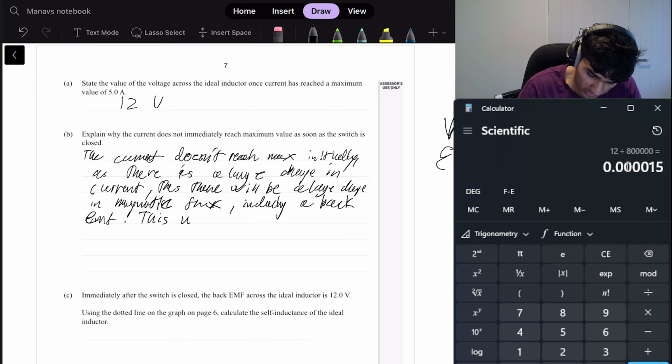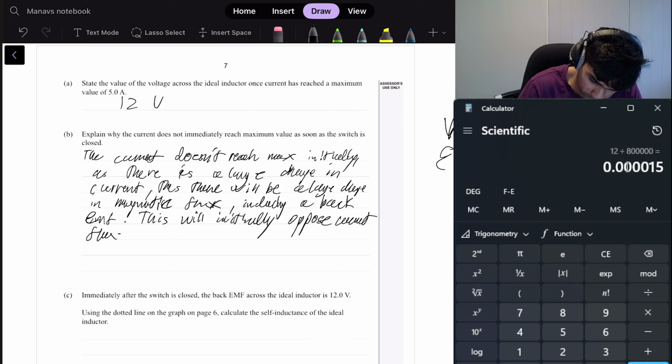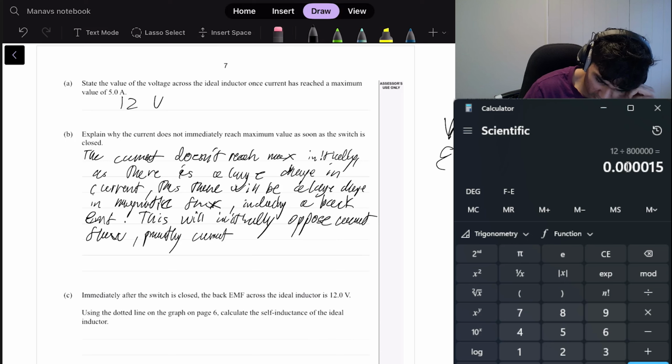This will initially oppose current flow. Yes, this will initially oppose current flow, preventing current in the circuit from flowing.